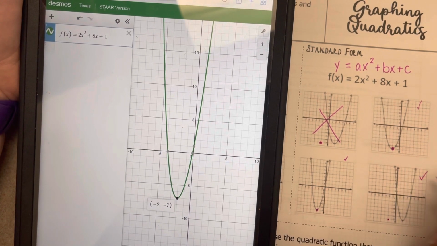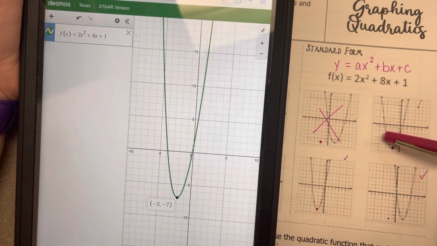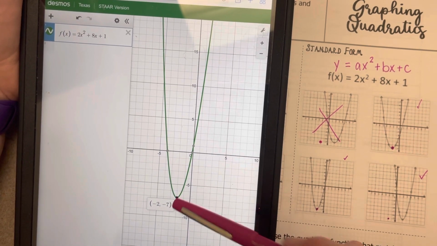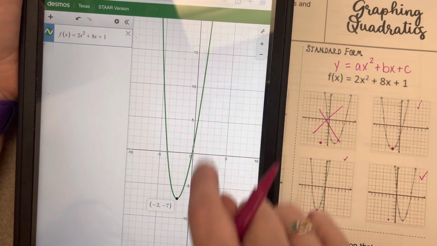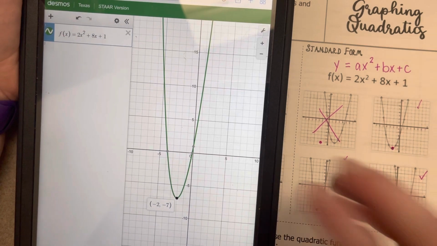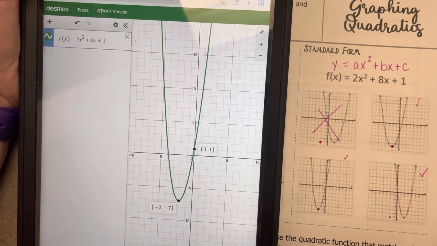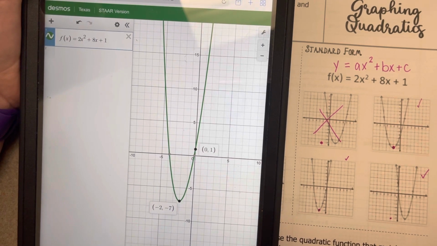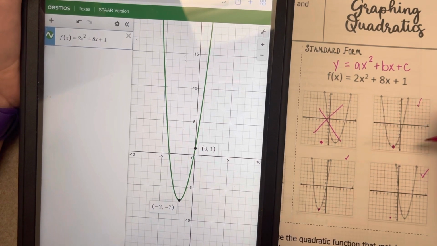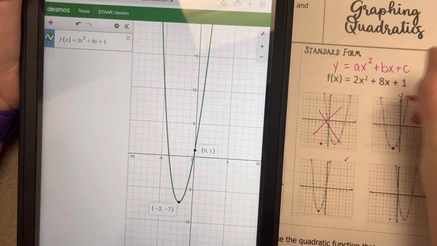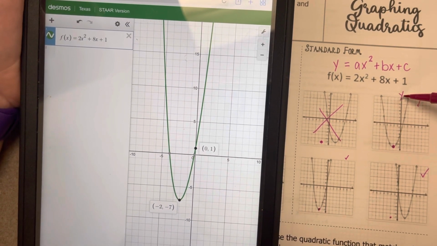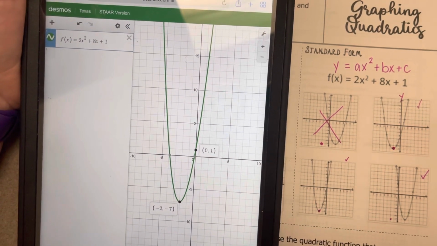So now I need to see which of these two match this. I don't have any more points that I can see on here, but I do have my y-intercept at (0, 1). Looking at this, does this y-intercept match that y-intercept?